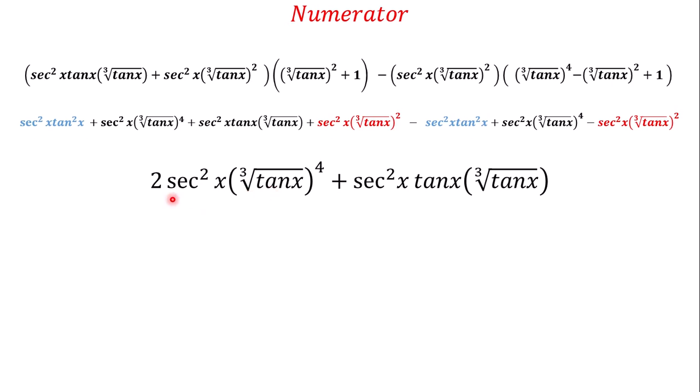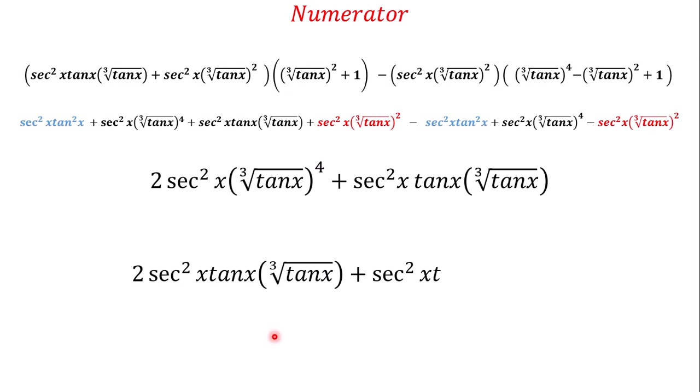That 3 will cancel out with this and you get this one. So it will be 2 times secant x squared times tangent x times cube root of what? Tangent x, plus this one, which at the end of the day they are the same. Good. So either this way or this way, anyhow you do it, you're going to get the same answer.